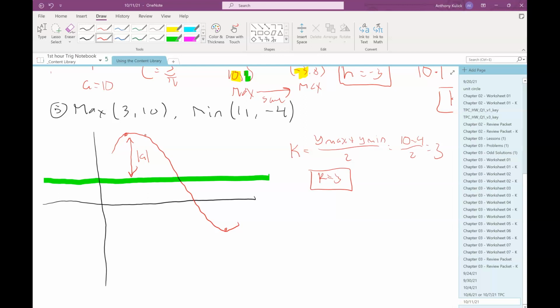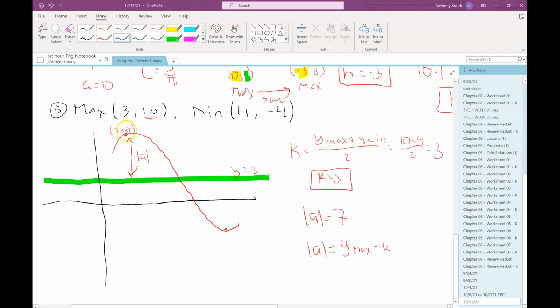So if that's 3, and I got to get to 10, how many did I go up? It was 7, right? Or you could think about it as y max minus k. So far, so good.